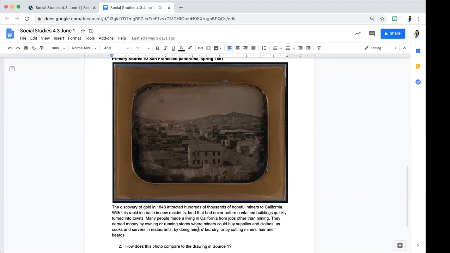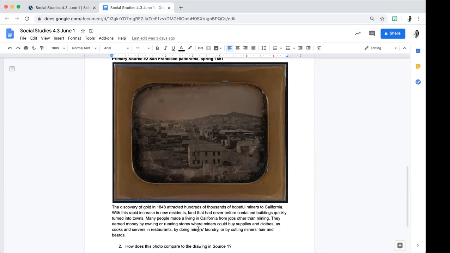And because all these people came, of course, they needed to have homes, hotels, buildings. They need to have some services over here too. So you see these towns being built so rapidly. And we call them boom towns, because they just suddenly popped up very quickly.